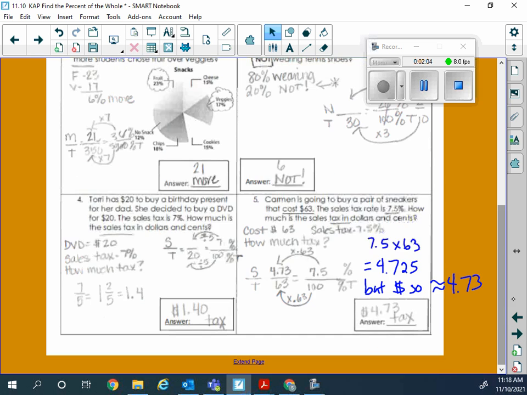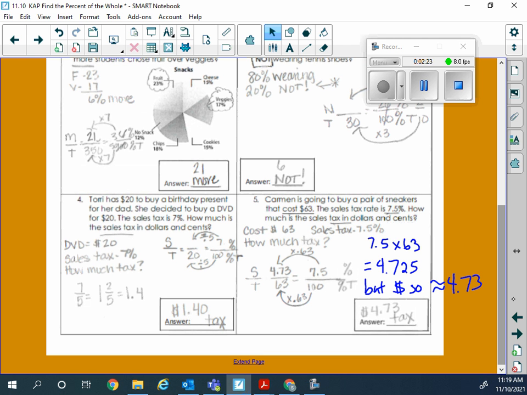Number 5 says you were supposed to multiply by 0.63, but guys, when you multiply by 0.63, you get 4.725. How come that's not the answer? It doesn't say 4.725. Why? Because it's money.